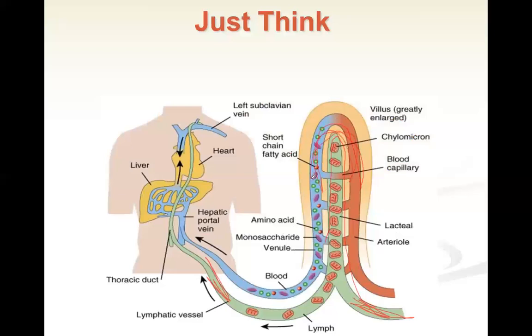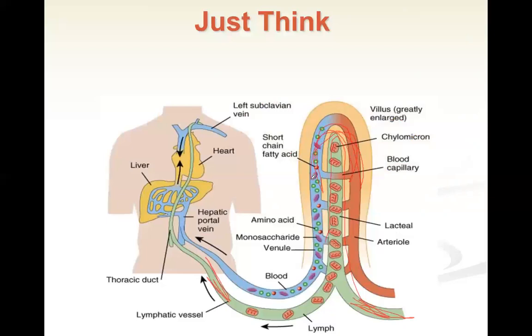So some molecules can be absorbed into our circulatory system, into our bloodstream, and other molecules must be absorbed into our lymph. Large fats and fat-soluble vitamins are not soluble in water, and our blood is most similar to water.